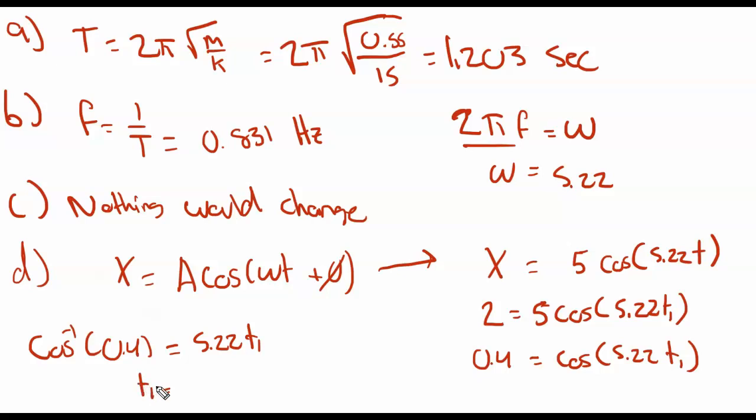And then finally, to get t1 by itself, I just need to divide both sides by 5.22. Please make sure that your calculator is in radian mode. So inverse cosine of 0.4, divided by 5.22, gives me a time of 0.222 seconds. And so that's how long it takes to go from 5 centimeters to a positive 2 centimeters.